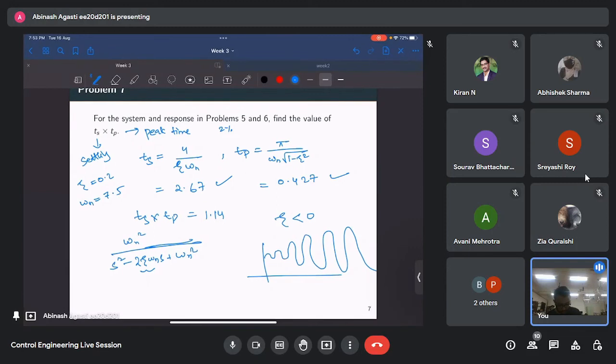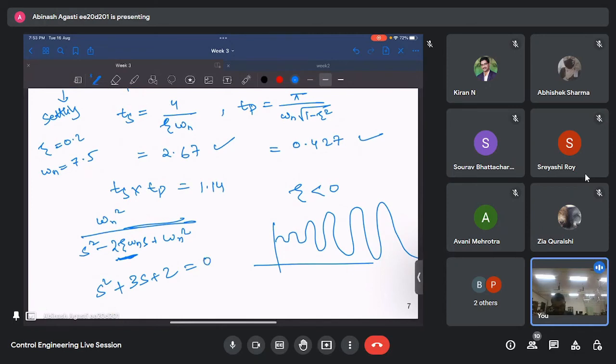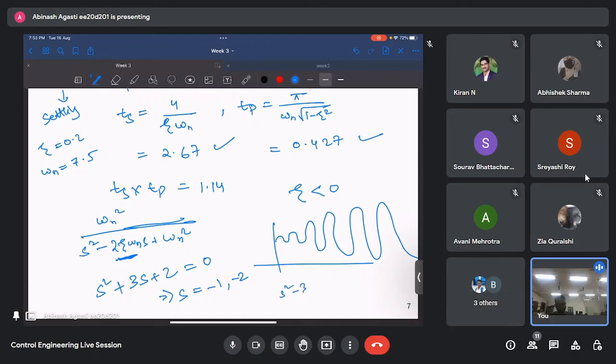So when this happens, if I have a negative coefficient, so say I have s square plus 3s plus 2 equal to 0, tell me the roots of this equation. What should be s? Minus 3 and minus 2, right? Yes. But if I had instead s square minus 3s plus 2 equal to 0, then s is equal to 1 and 2.